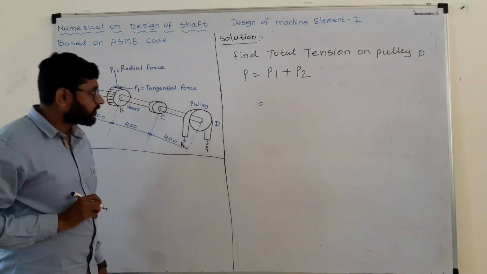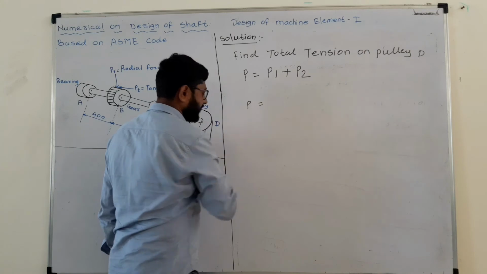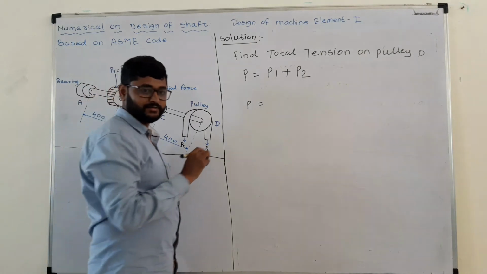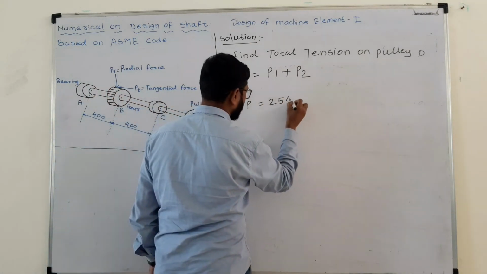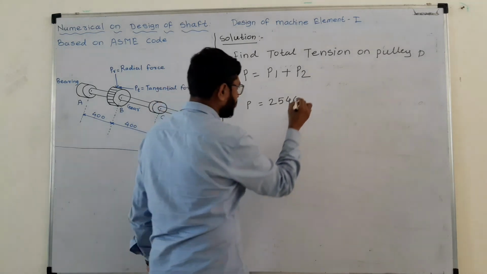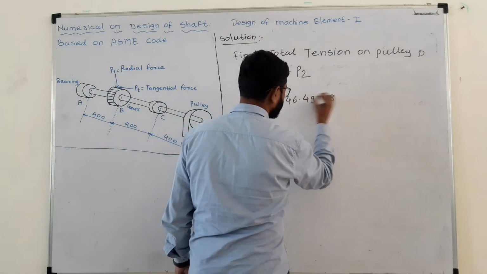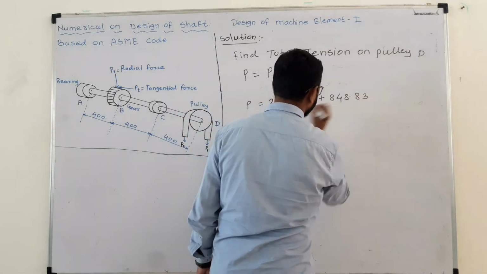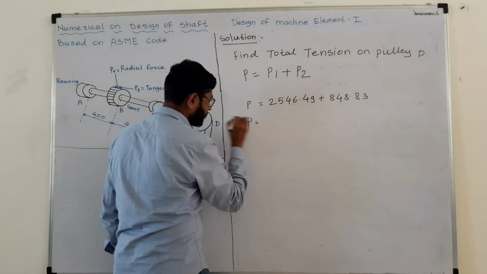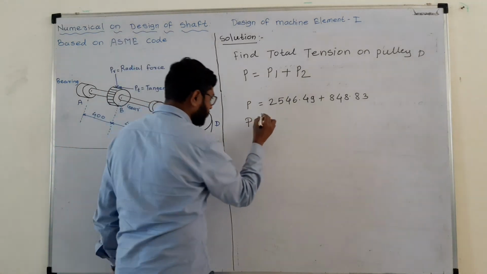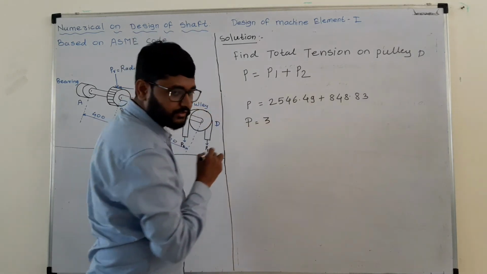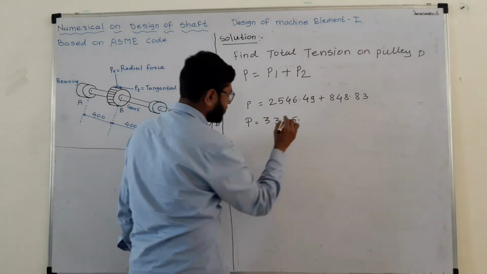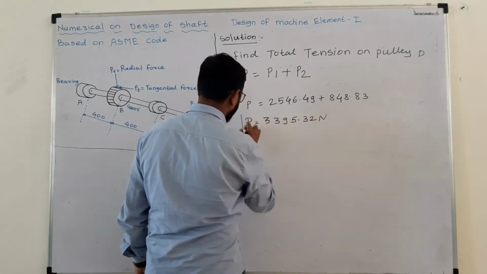P1 is the tension on the tight side, which is calculated as 2546.49, plus P2, 848.83. So by calculation we will get the total tension as 3395.32 Newton.